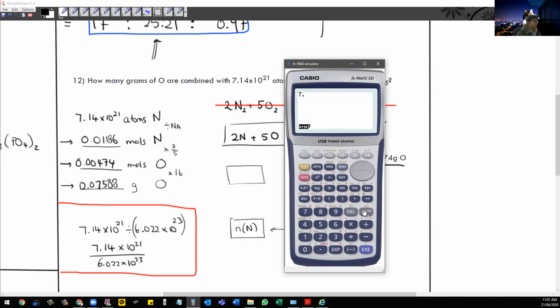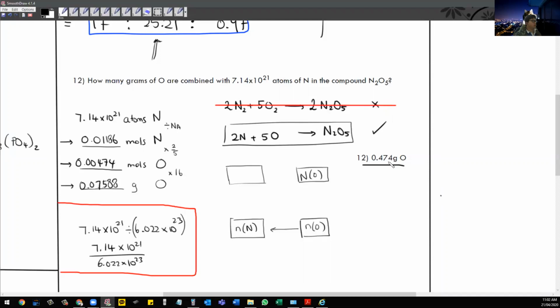So 7.14 times 10 to the power of 21. That's right. And then divide that number by 6.022 times 10 to the power of 23. That's correct. And then divide by 5 and then times by 2. That's right. And then times by oxygen. Oxygen is 16, isn't it? So I get that number. Did anyone get that number?